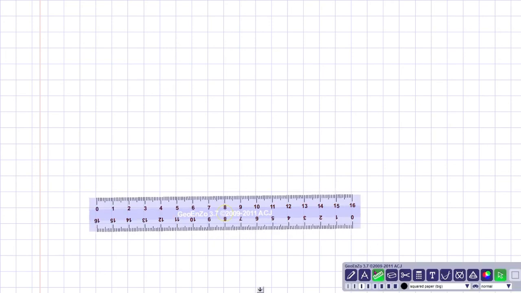Let's construct parallel lines using compass and ruler.